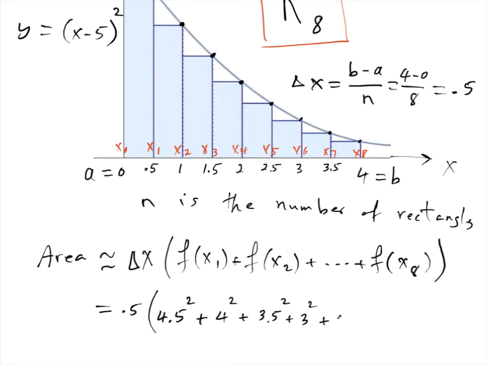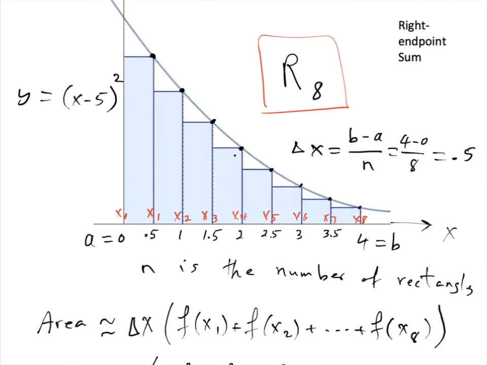So the next would be 2.5 squared and then 2 squared, and then 1.5 squared, and the last one, which is 4 minus 5 is 1, so the last one is 1 squared, which is just 1. And then you figure whatever that is. So it's not a big deal, you just put it in a calculator. The point is not to get a number, the point is to understand the process. So that's a right sum.